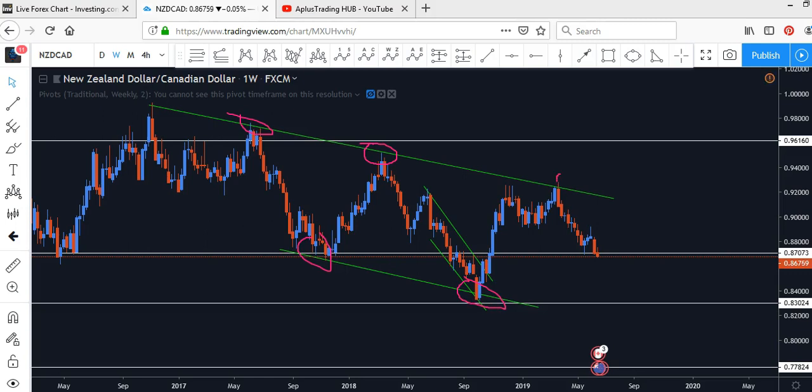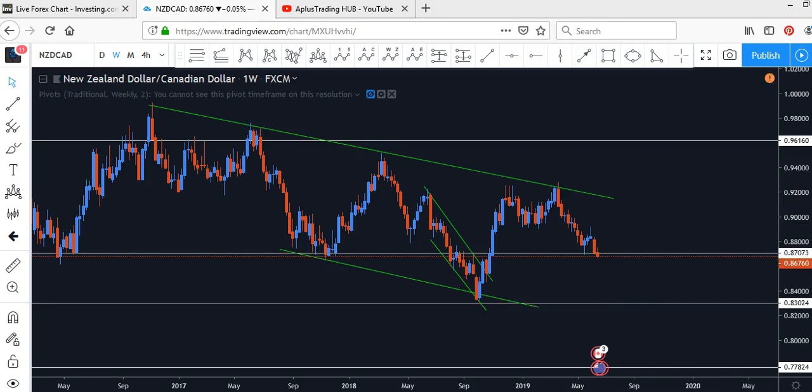This was a lower high here, and where do you think price is going to? Of course, to make another low down here. So we are bearish on this pair. I am bearish too on this pair.